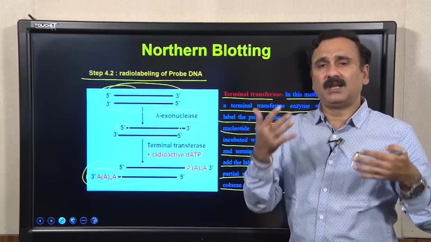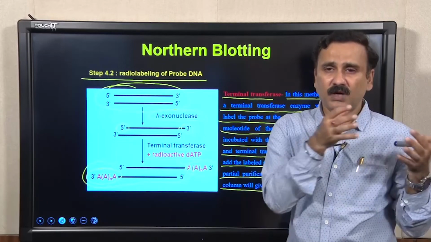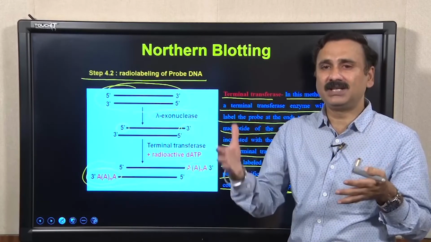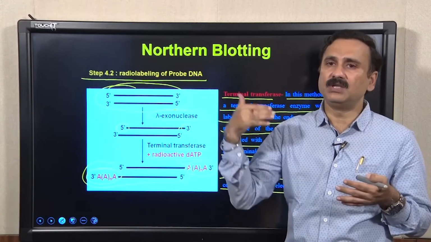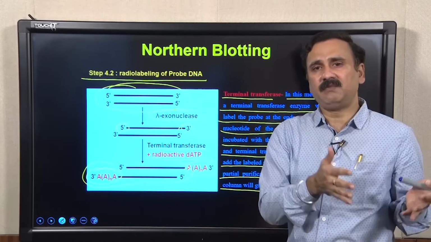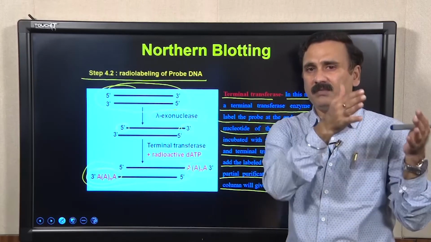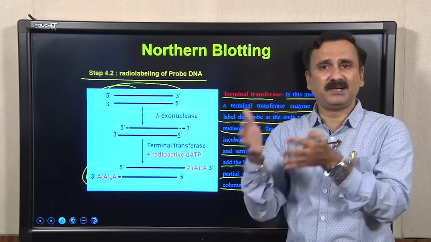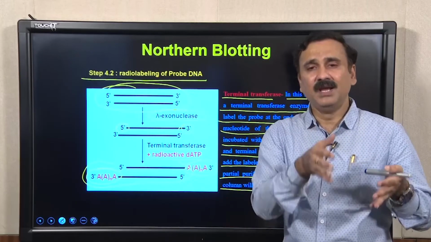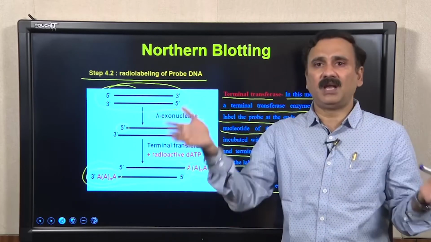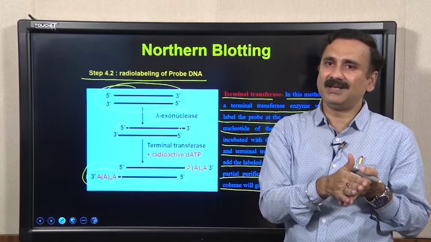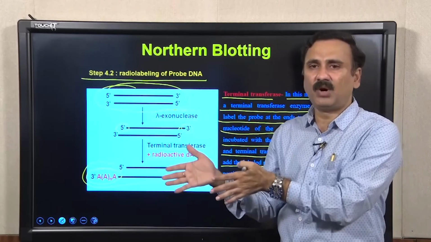All these things are going to create a lot of confusion. So, you can just inject the whole reaction into a gel filtration column. Because a gel filtration column normally separates molecules based on size, it is going to separate the DNA polymerase, and it is going to separate the ATP, which is going to be of very small size.